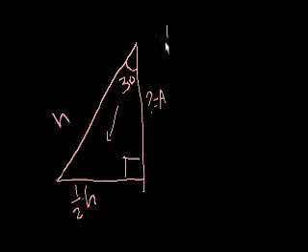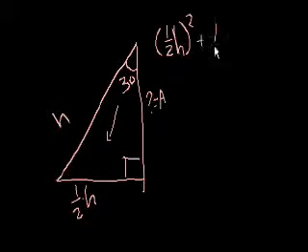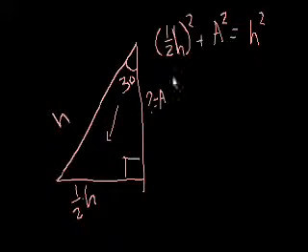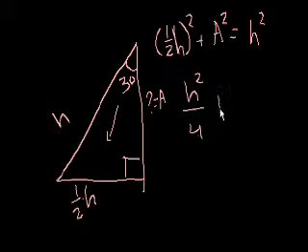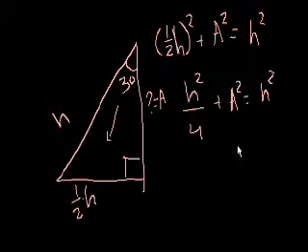So we have (1/2 h) squared plus a squared is equal to h squared. This is equal to h squared over 4 plus a squared is equal to h squared. Well, we subtract h squared from both sides.